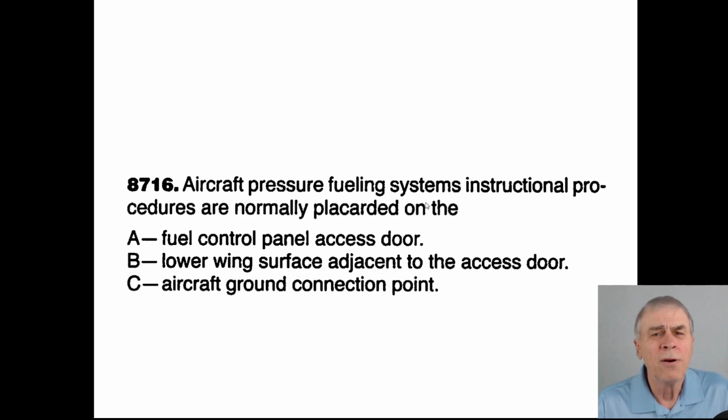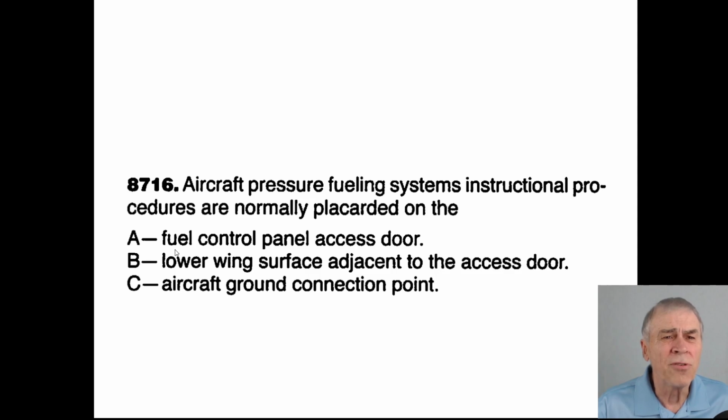It's going to be right there on or next to the little panel that you're actually fueling. Matter of fact, I think the regulation does indicate that it has to be marked, each refueling or defueling port.